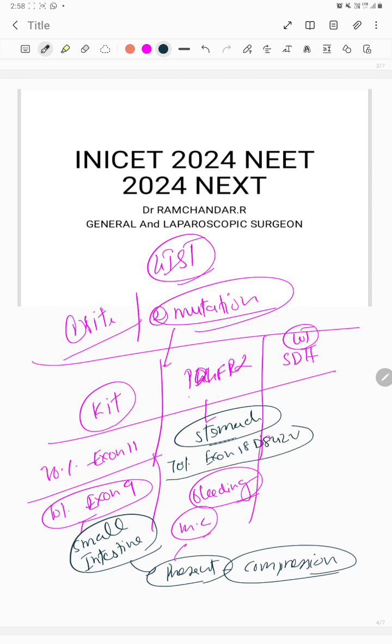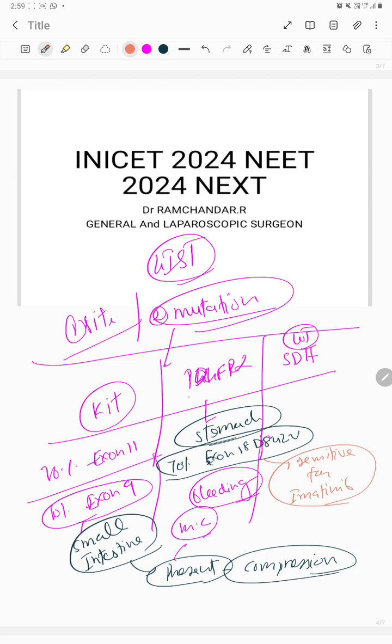Why it is of importance, or why it has been asked prior in exams, is that this type of mutation makes it sensitive to imatinib.